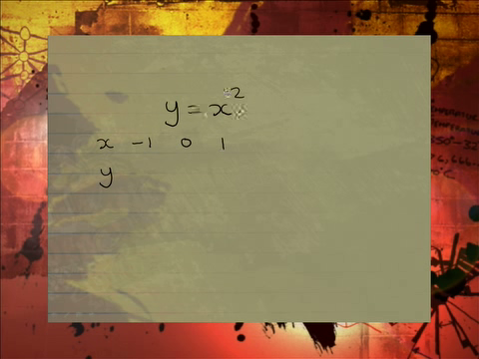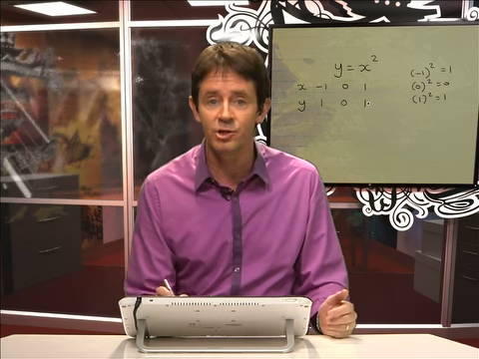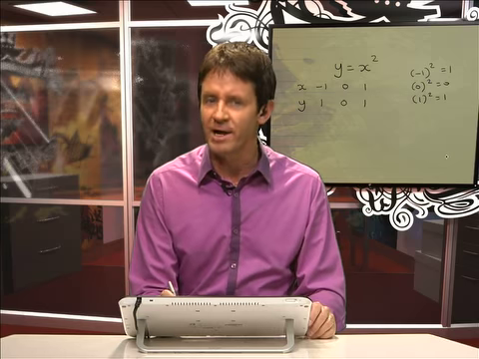Now the idea is to square that. So if x is -1, what is -1 squared? Well, clearly 1. What is 0 squared? It is 0. Watch that, 0 squared is 0, and 1 squared is 1. And of course, you could have chosen those values in any way that you wanted. I would avoid fractions, of course.